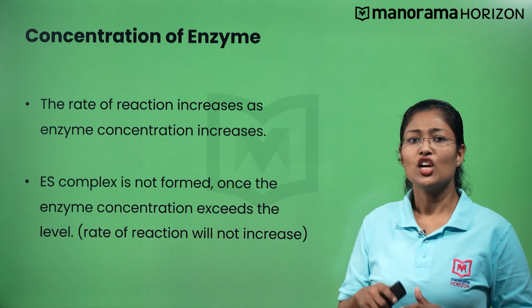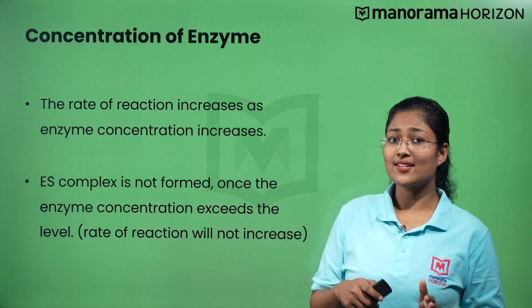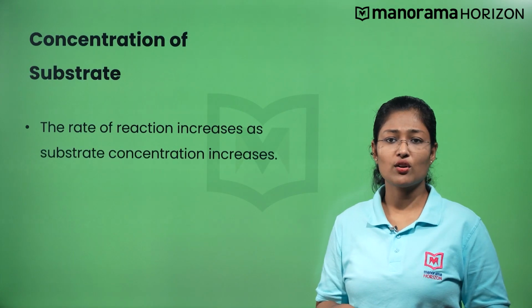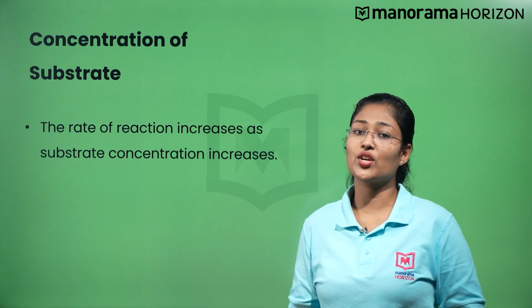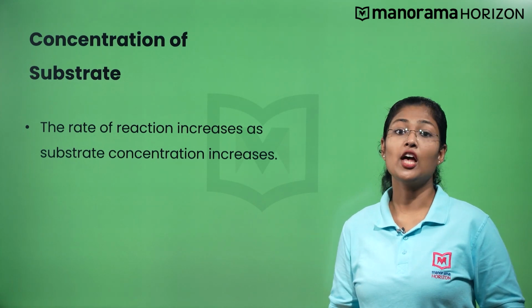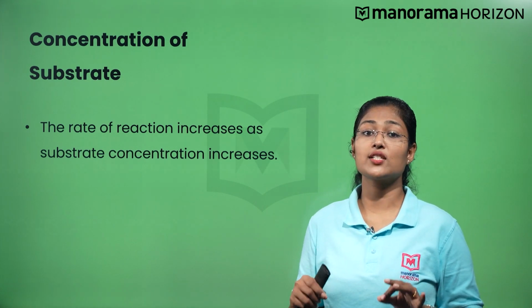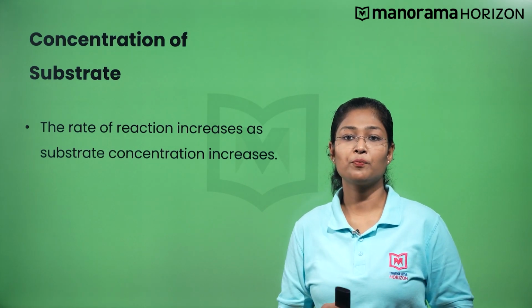As a result, no more enzyme-substrate complex is formed, and the rate does not increase. If we check the substrate concentration also, the rate of reaction increases as substrate concentration increases. After a certain point, the rate does not increase because the substrate keeps on decreasing as the reaction proceeds further.